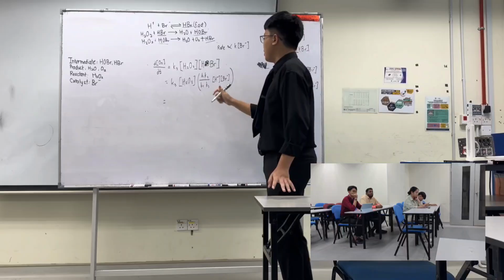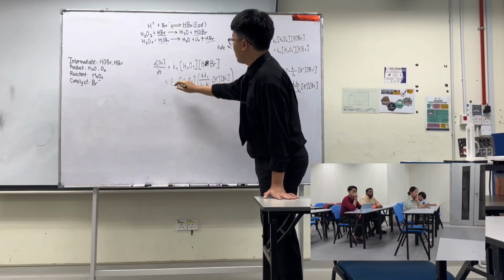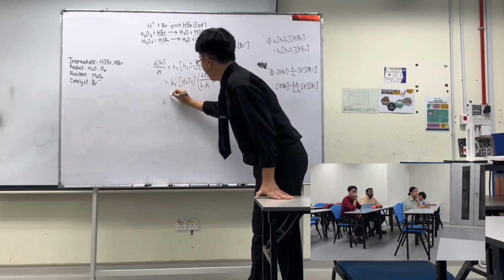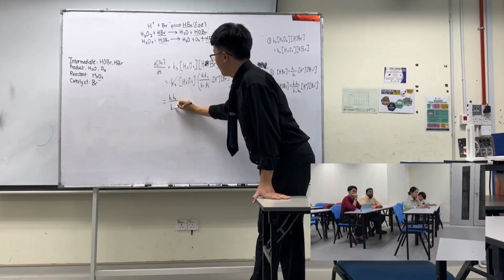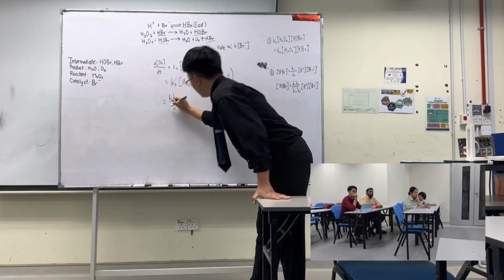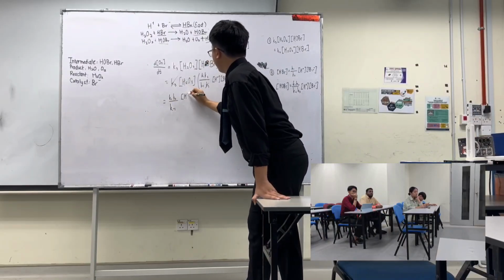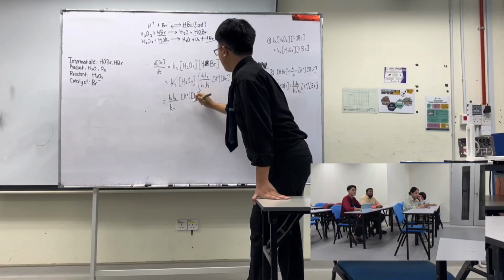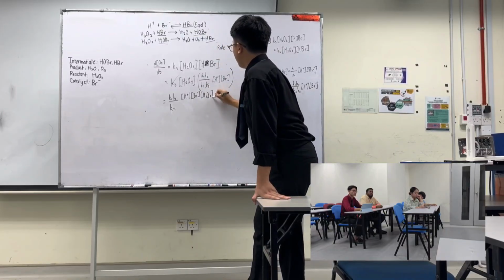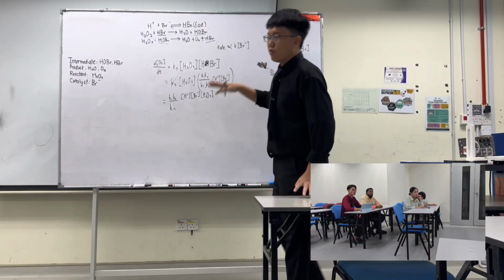After we substitute, we simplify it. K3 and K3 we can cancel out. So left is K1, K2 over K negative 1, H plus, and then H plus, and H2O2.